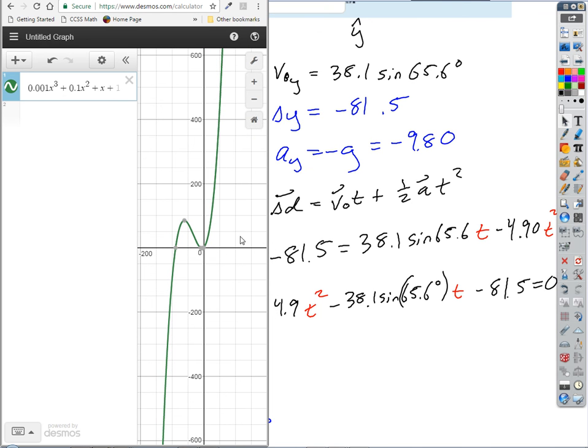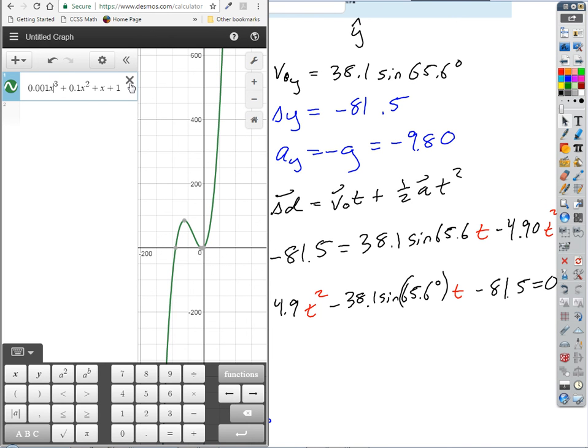So there's my equation, right? I can just go up in Desmos and just type that in. So I'll type in 4.9. I'm going to use x instead of t because Desmos is expecting x's and y's. I wonder if I can use t's. Won't do it.